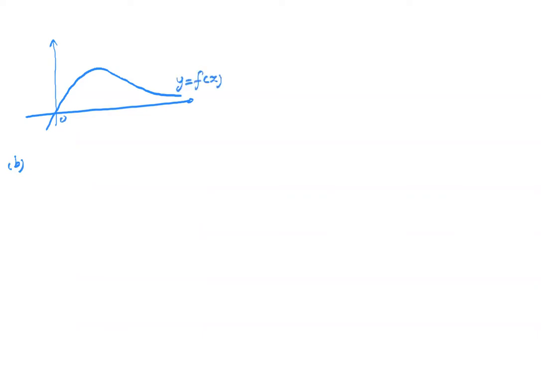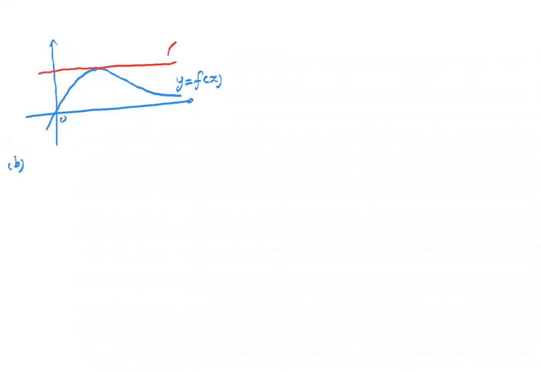Okay, so this is my y equal to f(x) graph. Am I right? So this point, you see, if I draw a tangent to this point, have a look at it.